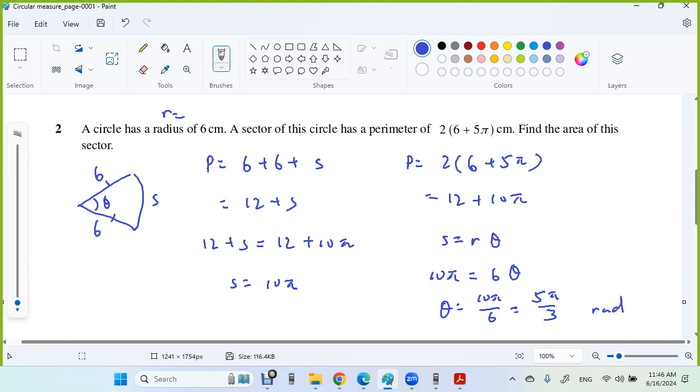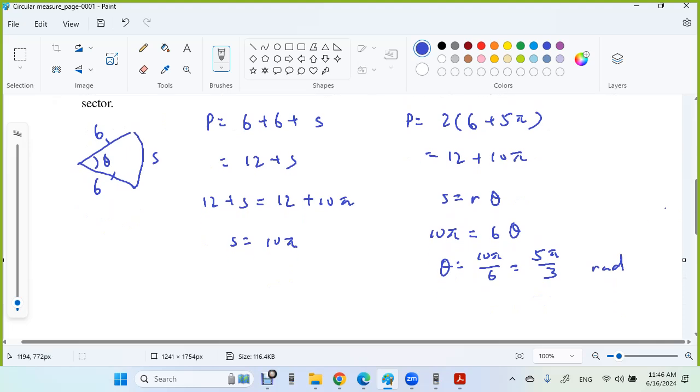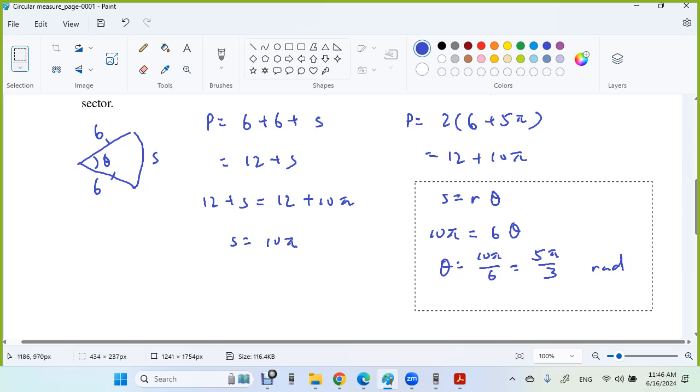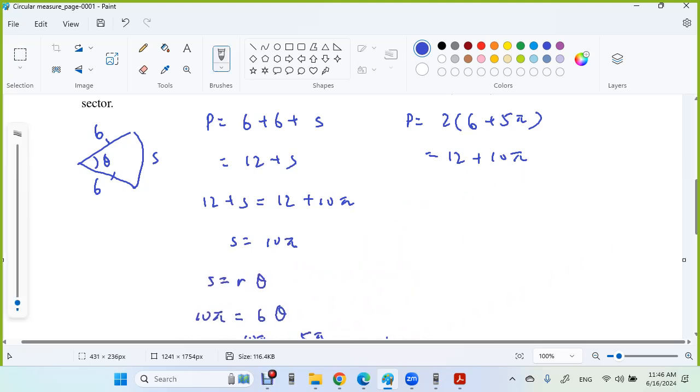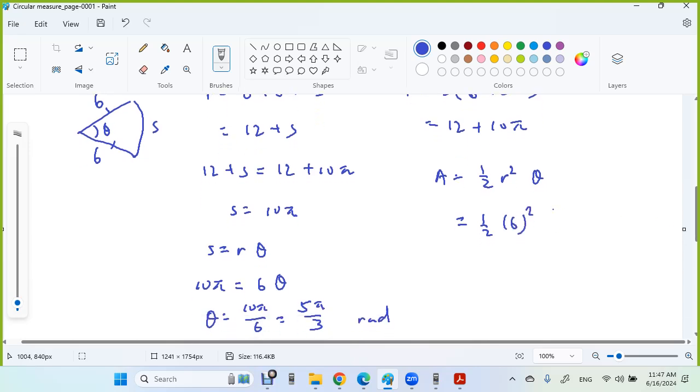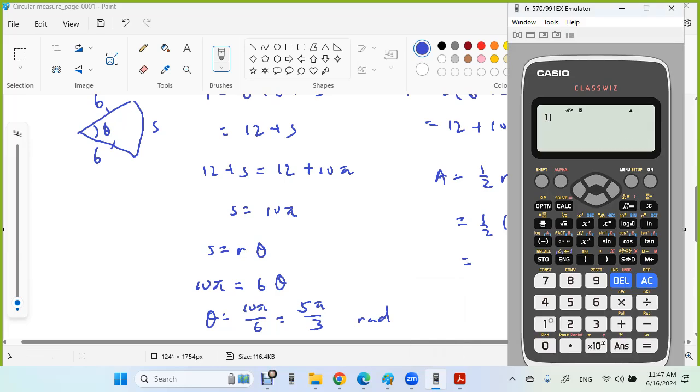So they want us to find the area. We know that for a sector, area is equal to half r squared theta. So half times 6 squared, then theta is 5 pi over 3. Okay, so we have half times 6 squared and then 5 over 3, 30.